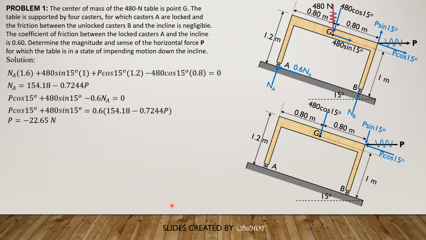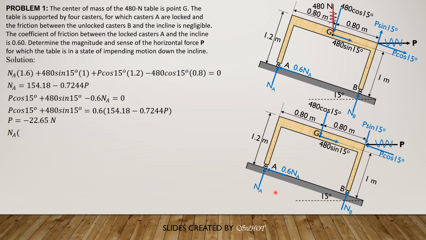The weight and components of weight, 480 cosine 15 and 480 sine 15, are in the same direction. Friction is still in the same direction at A, 0.6 of NA up to the left. And we have normal at A, and at B, we have NB.